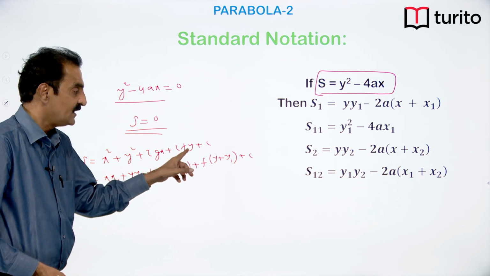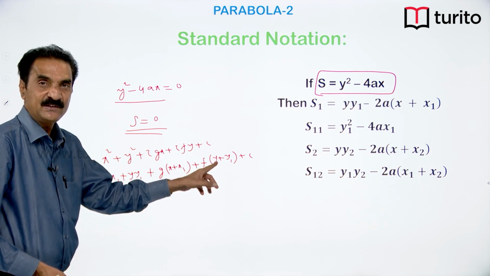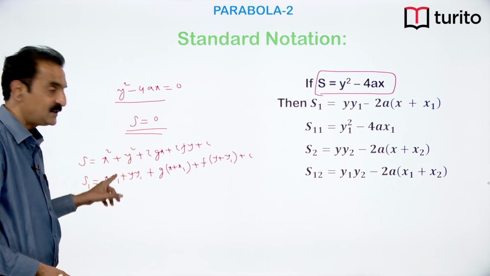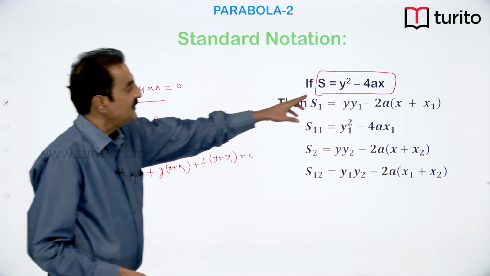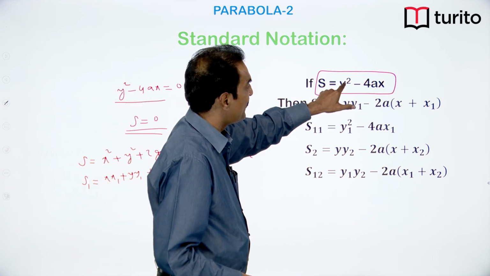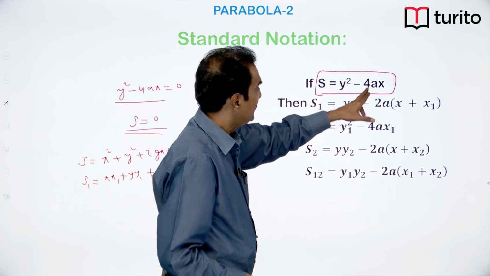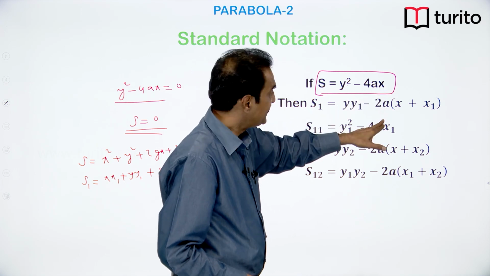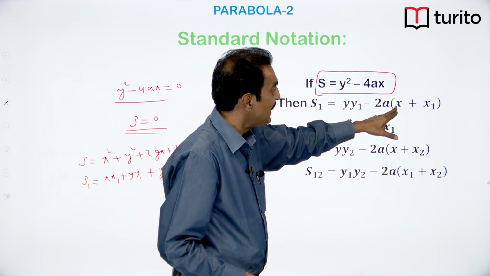Similarly 2y is written as y plus y, and one y is changed to y1. Here x square is x into x, and one x is changed to x1. In the same way, y square becomes y into y1. This is 2a into (x plus x), so we can write S1 as y y1 minus 2a into (x plus x1).